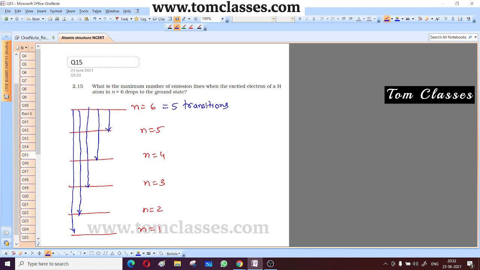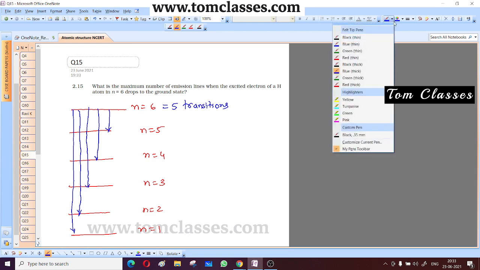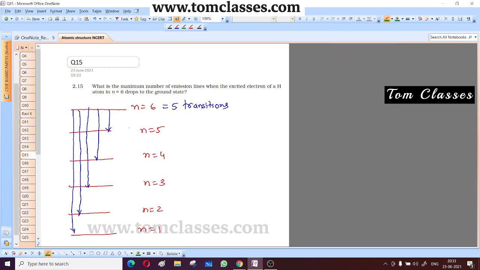Now you can see one thing. If the electron is here, from 2 to 1 also it can come. Better, we'll take the higher energy level. Now if this electron is at n is equal to 5, from 5 it can go to, let me use a different color for this, here, or here, or here, or here.